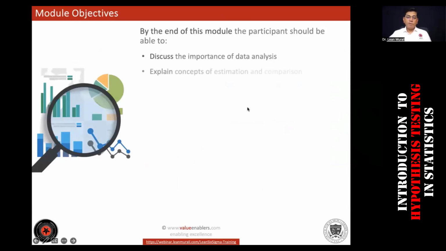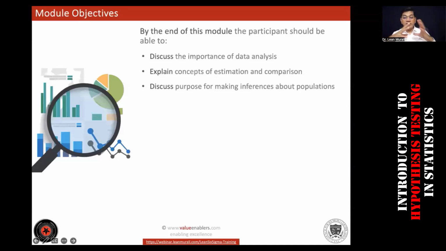Data analysis is important. We'll discuss the importance of this. There is also something called estimation and comparison. We'll discuss the concept of that. And there's something called inference about the population. All of you type IS in the chat box, which is inferential statistics. Descriptive statistics and inferential statistics.